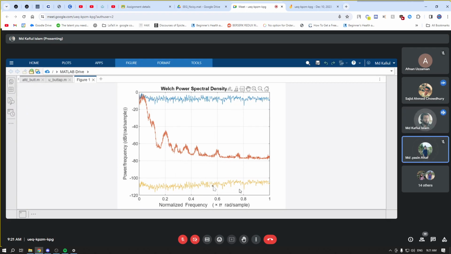That means the noisy signal is still the noisy signal. What is the difference? The power. Here the power is very low, minus 110 dB, and here the power is something like minus 10 dB. So that means we still have not been able to remove the noise properly, or our filter is not working.